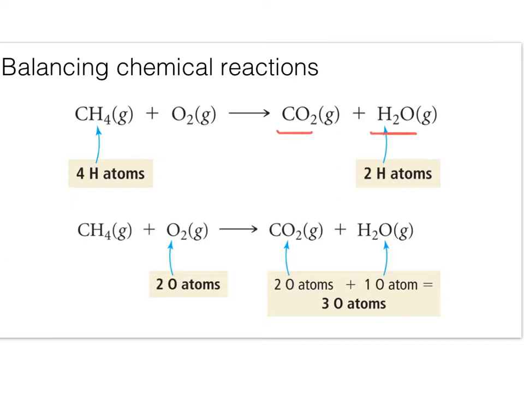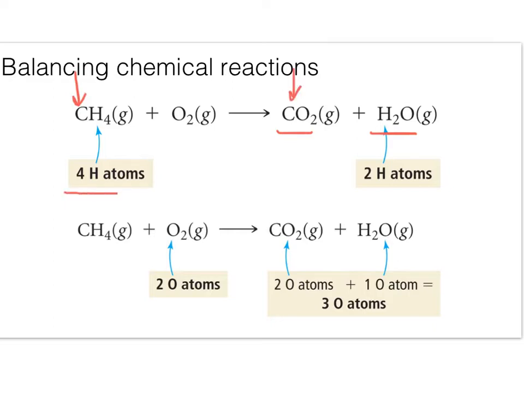And so when we're thinking about balancing these chemical reactions to make sure that they are true statements, we need to make sure that we have an equal number of atoms on both sides. If we start here and we look, we have 1 carbon on this side of the equation, and we have 1 in the product, so that's great.